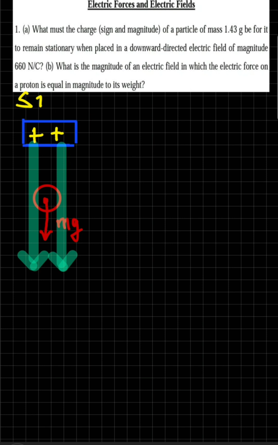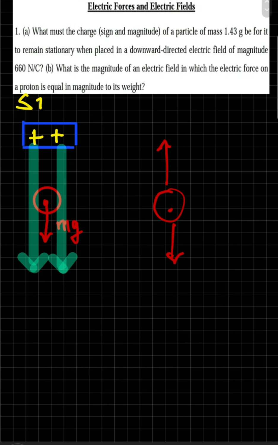That means we already have a force pulling it downwards, vertically downwards. For this to be stable or in equilibrium, we need to have another force pulling it upward. And guess what? Since we're looking at electric forces, obviously, the only force left that could cancel out the weight is the electric force itself. So since the upper part is positive, this should be negatively charged for it to experience a force upward.